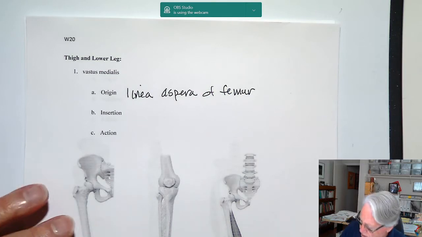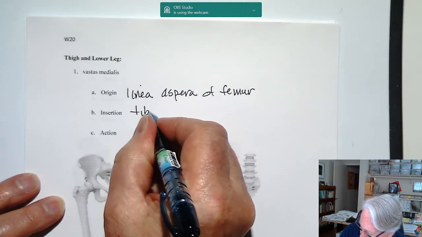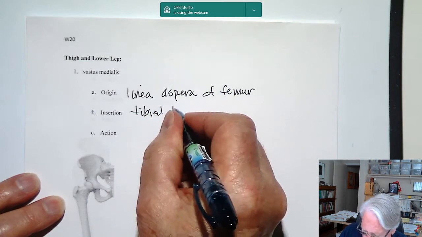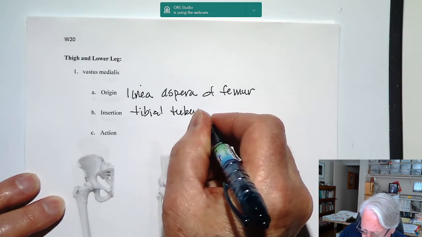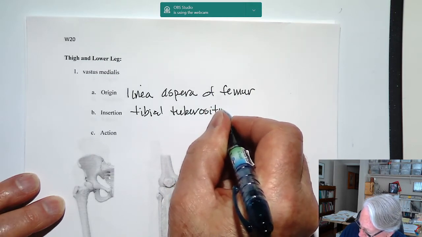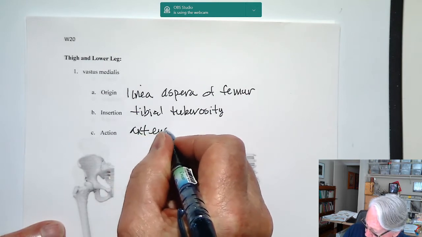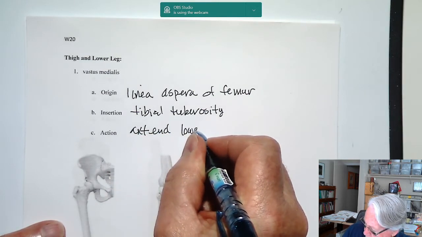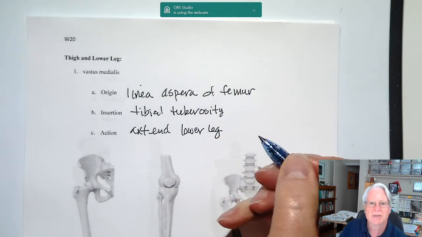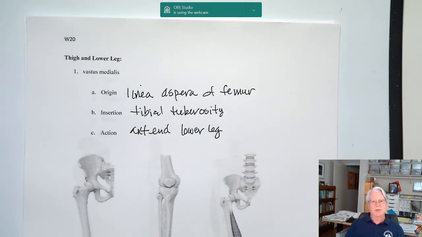The insertion is the tibial tuberosity. The action is to extend the lower leg. An extension of the lower leg is what you do when you kick a soccer ball down the field. First, you flex the lower leg, bring it back, that is, the lower leg below the knee, and then you launch it forward to kick the ball, and that's an extension of the lower leg.